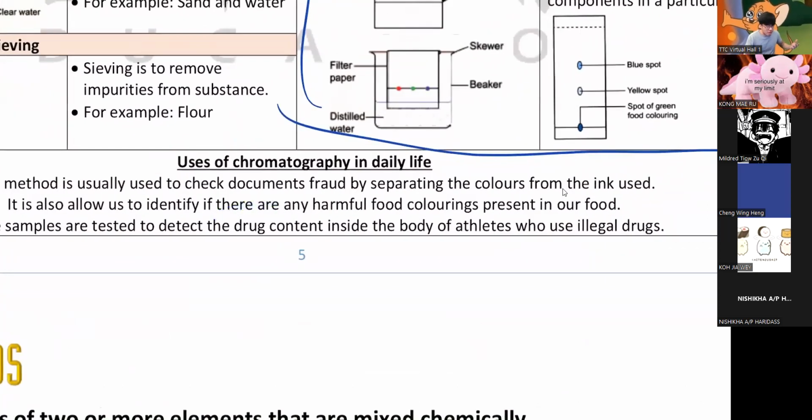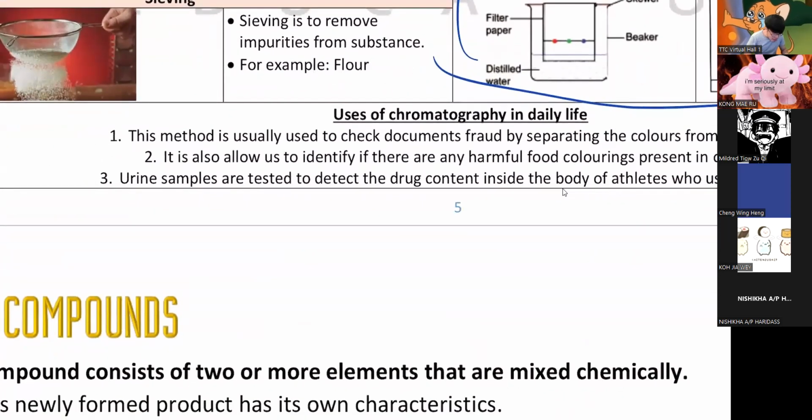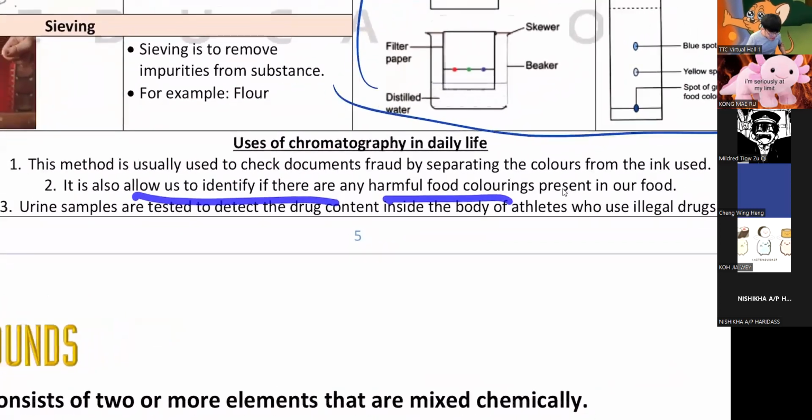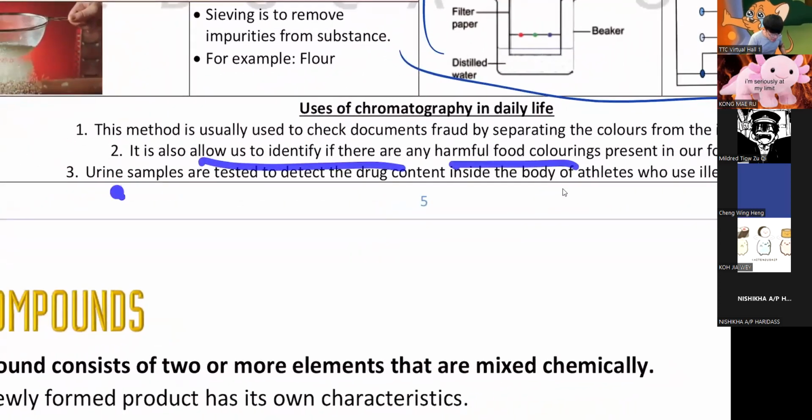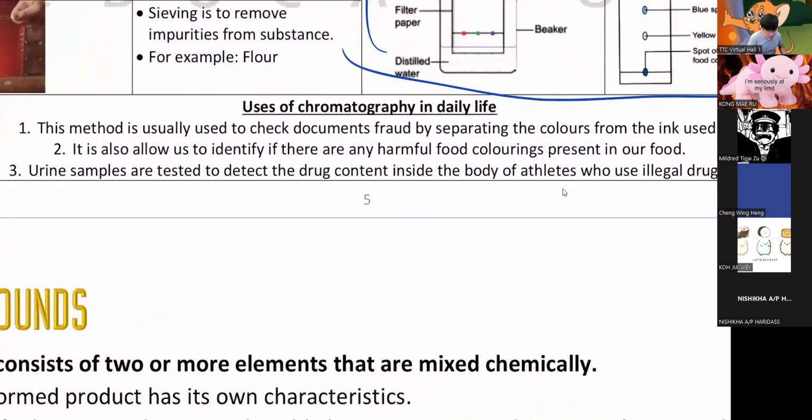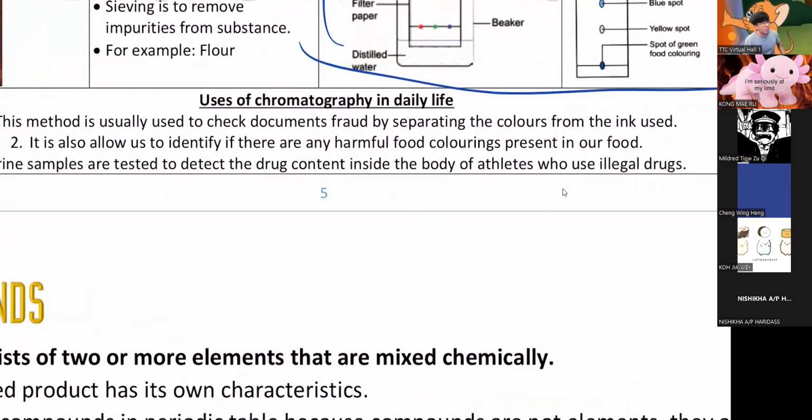For example, fake money, fake dollar bills, fake documents like your passport or whatever. So they will do this. It allows you to identify harmful food colorings. And of course, urine samples. We mostly do this for urine tests to test for performance enhancing drugs in athletes.